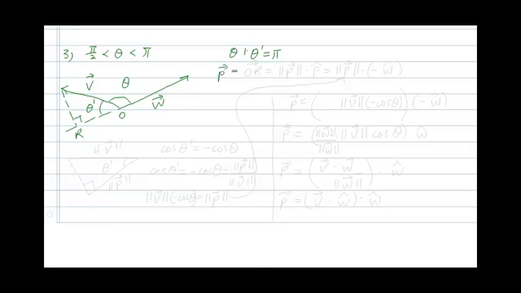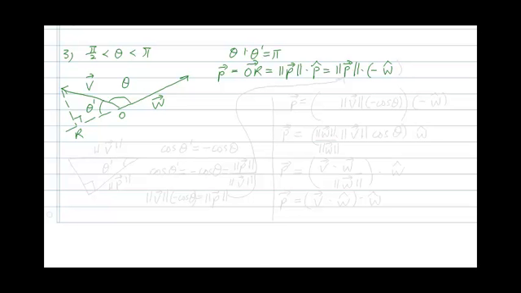Then we define vector p the same way, equals OR, equals the magnitude of vector p times the direction of vector p. Since the direction of vector p is opposite to the direction of vector w, it equals the magnitude of vector p times negative of the direction of vector w.